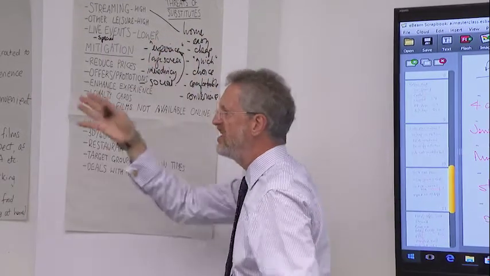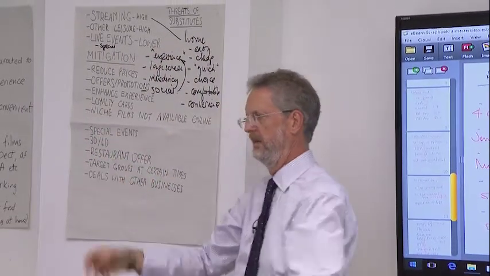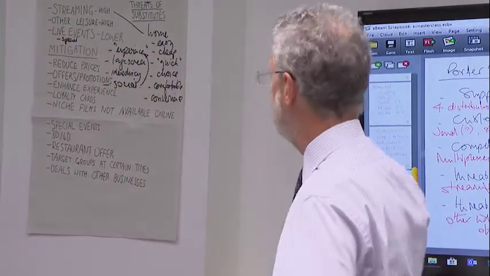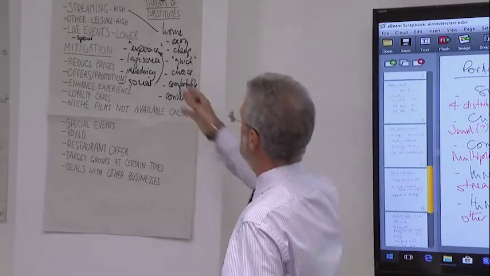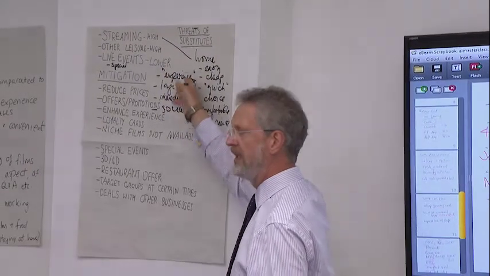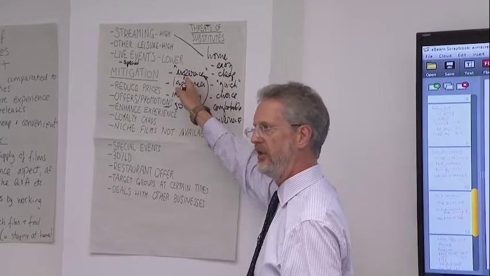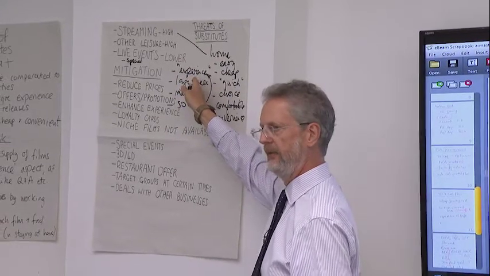And then cinema is somewhere in the middle. Something like that. But you need to get your differentiation in there. So just have a little think about other leisure. What niches are they going to fill, and what's our niche that we're going to generate for cinemas?